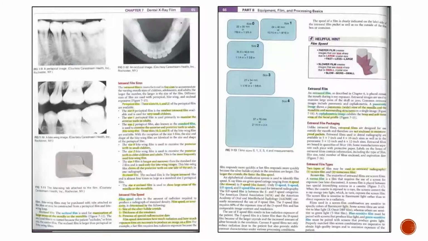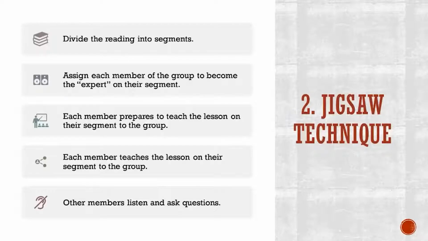If we go back to the jigsaw technique list, the previous slide, the first one on the technique. Perfect. When we're dividing the reading into segments, we're helping our brain overcome limitations of working memory.